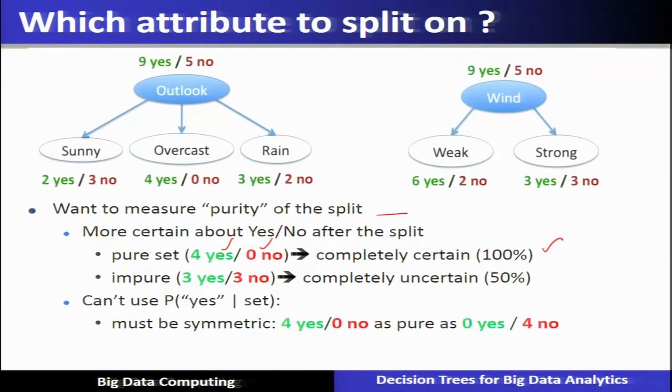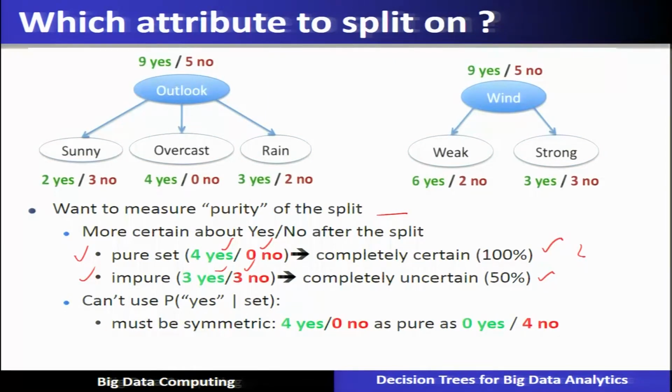Similarly, if the set is impure where 3 yes and 3 no's are there, then the decision we take is completely uncertain, that is, there is a 50% chance of making the decision correct. So, this way we are going to measure using how many yes there are whether the set is pure or impure, and this is going to be the measure to go for the split.